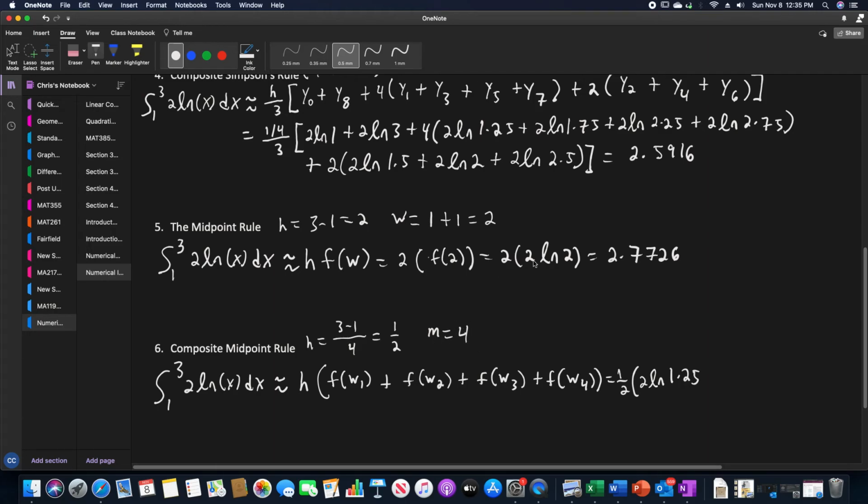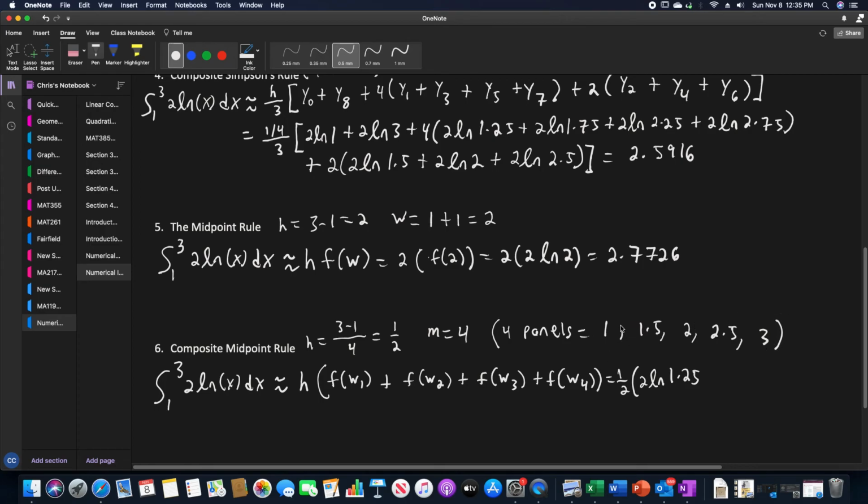So if we look at the original sectioning of 4 panels, so I'm just going to put here 4 panels, that used the values of 1, 1.5, 2, 2.5, and then 3.